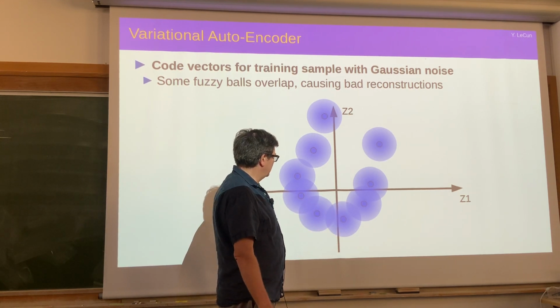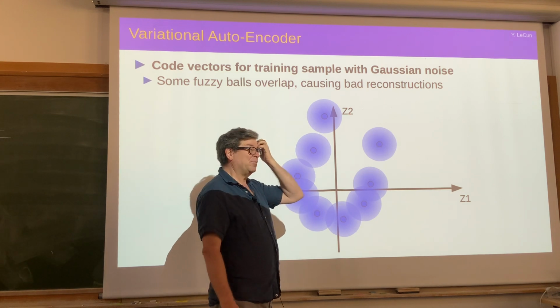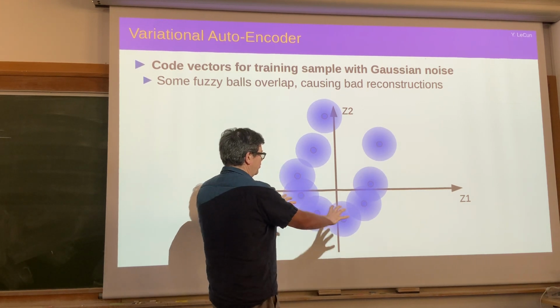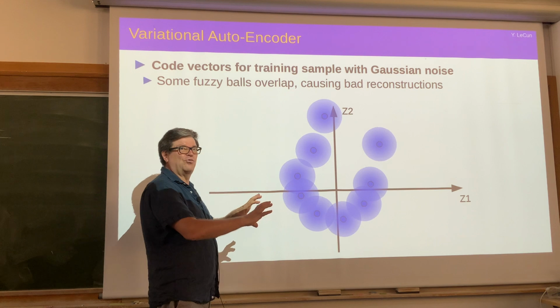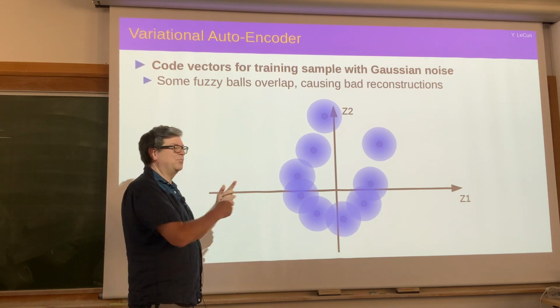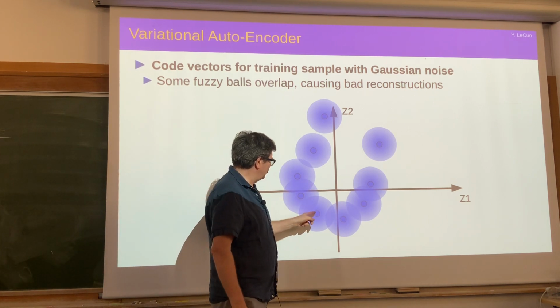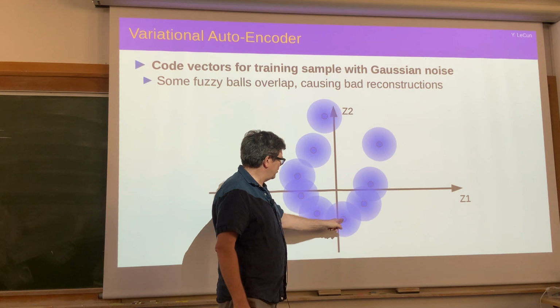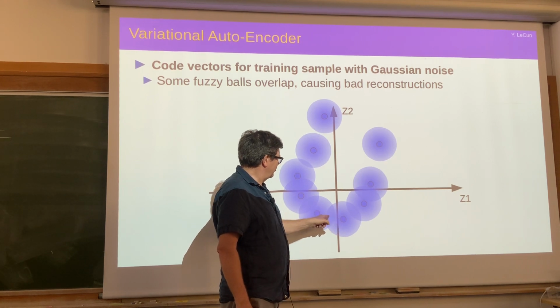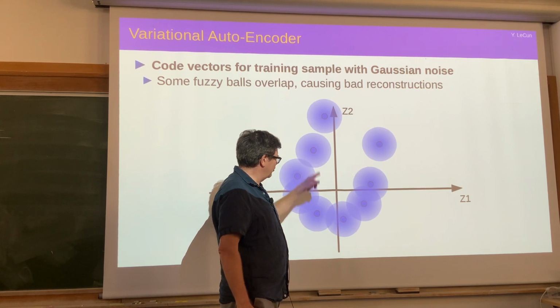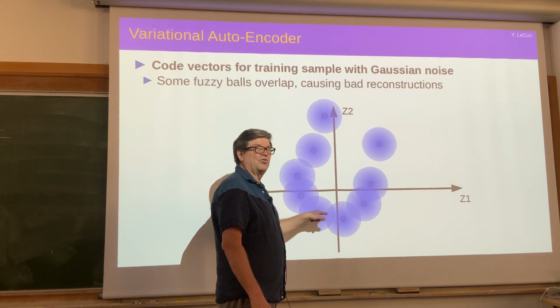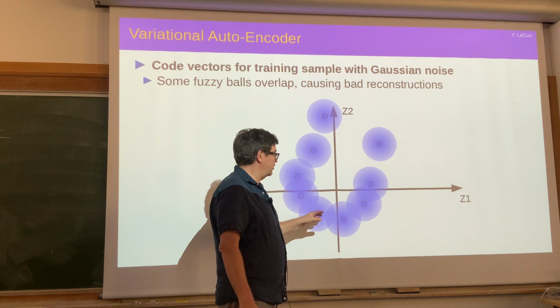And so if the system wants to minimize the reconstruction error, it's going to have to push all of those dots, all those fuzzy balls away from each other, so it doesn't make any confusion, because if you have two of those spheres that overlap, once in a while you're going to get a code for this guy that is going to occur here, which the decoder is going to think is that. And so it's going to make reconstruction errors because of this, right?